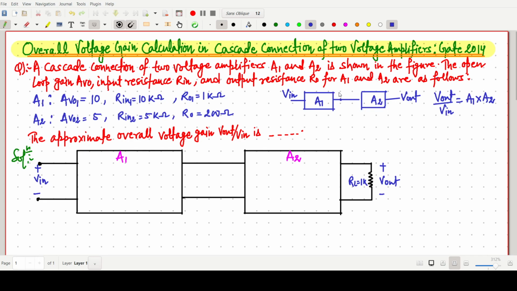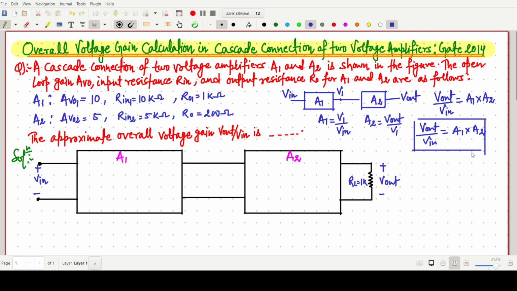Why? Because if this point is V1, A1 can be written as V1 by V in, and A2 can be written as V out by V1. We have to find V out by V in, so if we multiply A1 into A2, this is a very simple concept. This one is the overall gain.